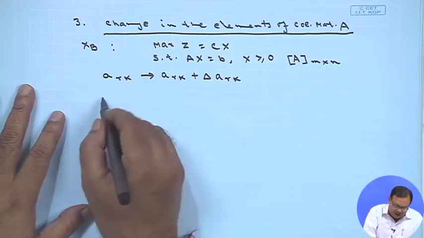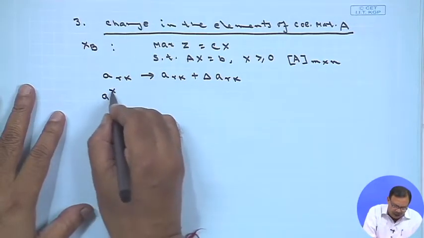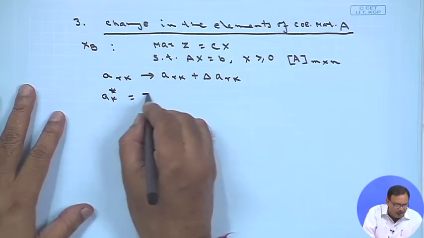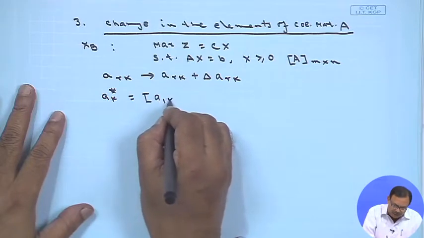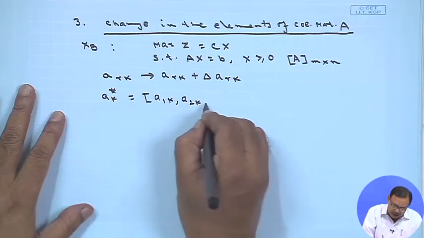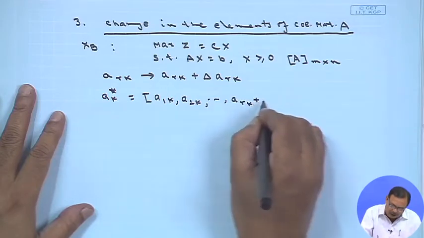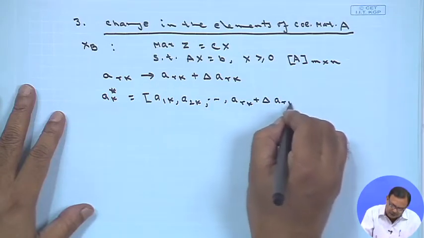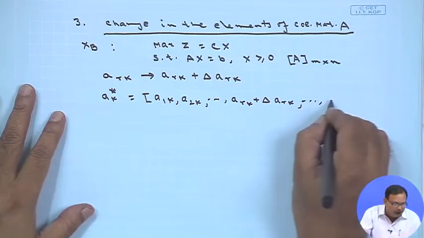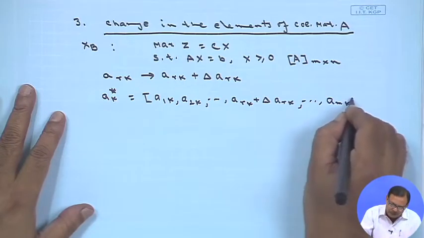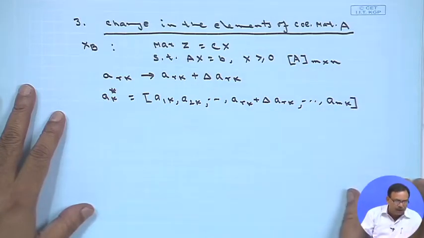Then the modified vector A k star can be written as a 1 k, a 2 k, and so on, a r k plus delta a r k, and so on, a m k. This is the modified vector.